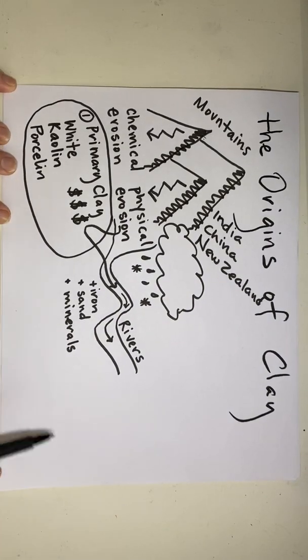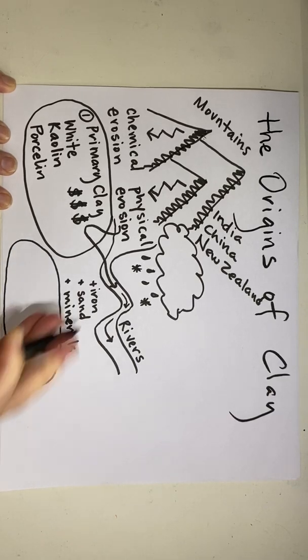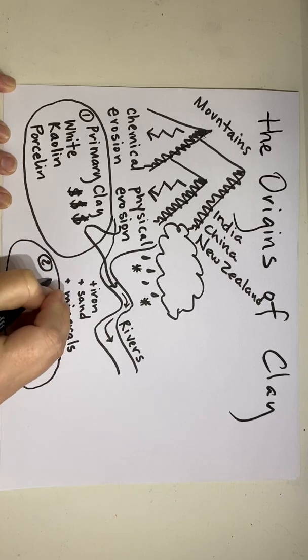This second type of clay that becomes a deposit along the river banks, we call secondary clay.